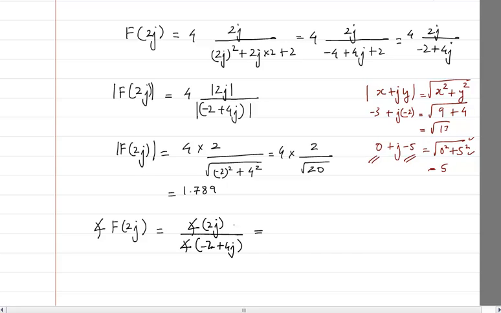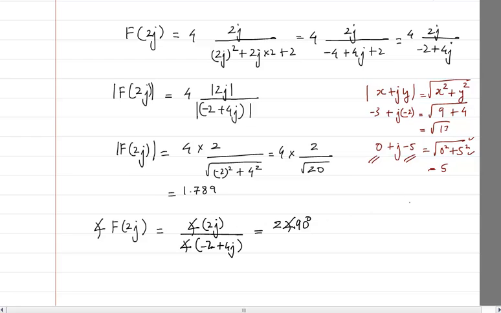If I do the rectangular to polar conversion of 2j, in your calculator you can do shift, and you will get the answer as 2 angle 90 degrees.